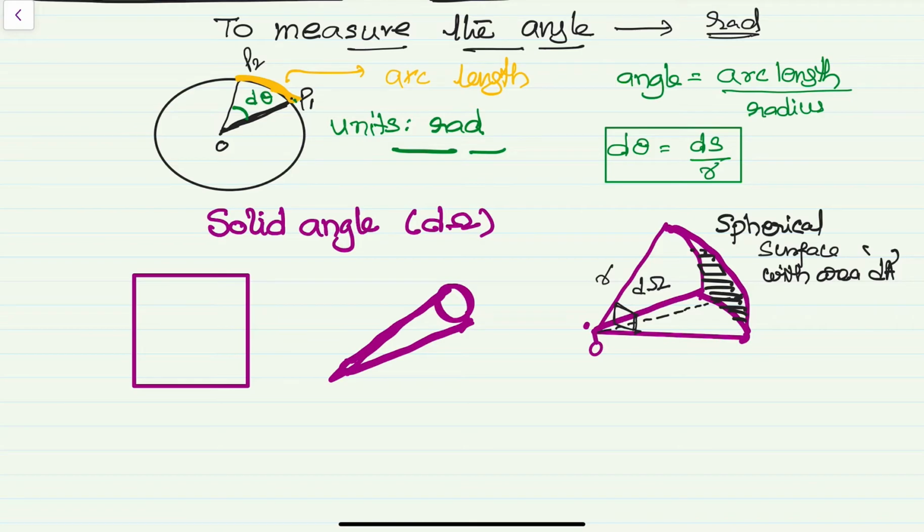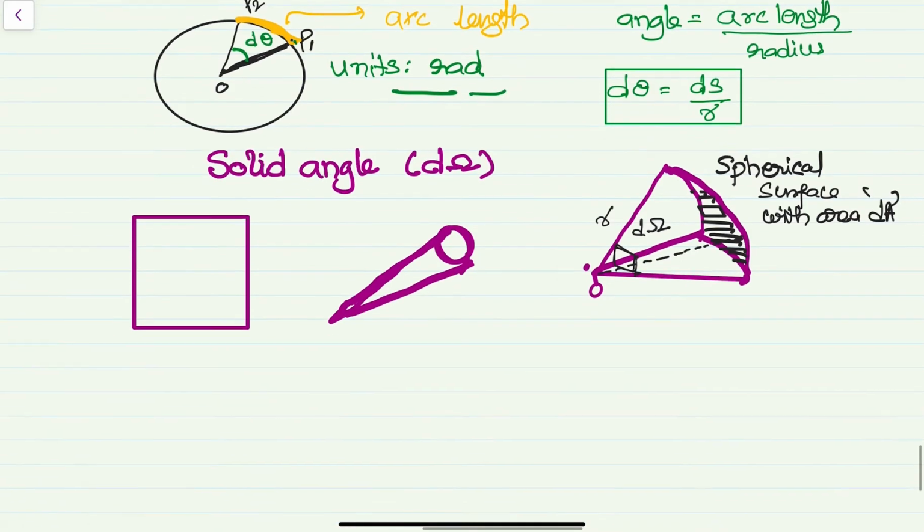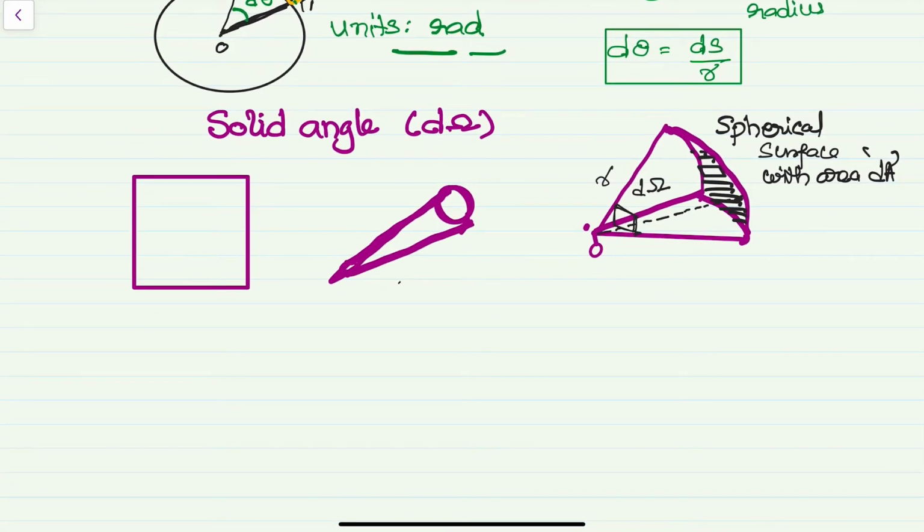Right. Now, how to define a solid angle? The solid angle is a ratio.